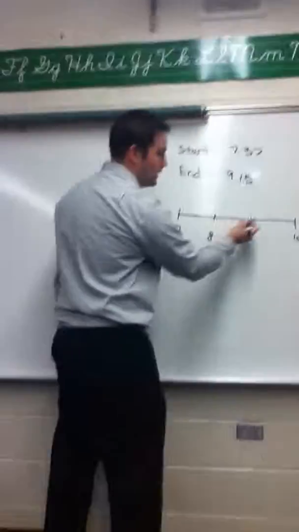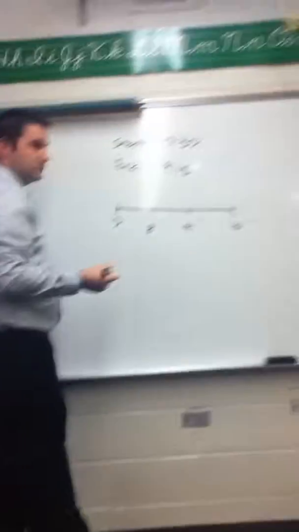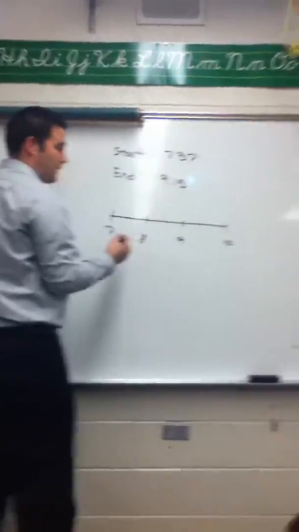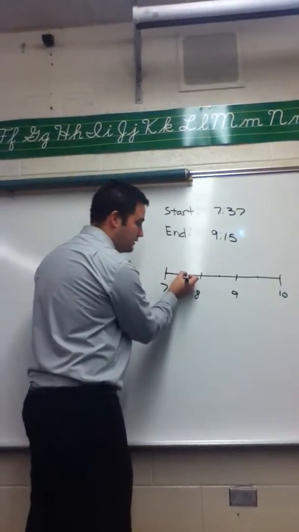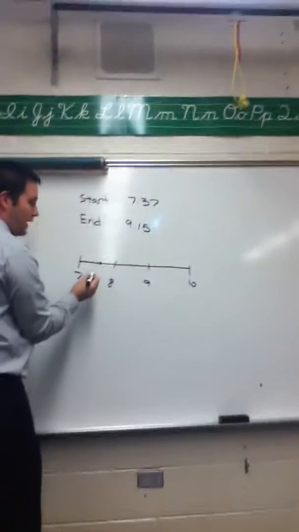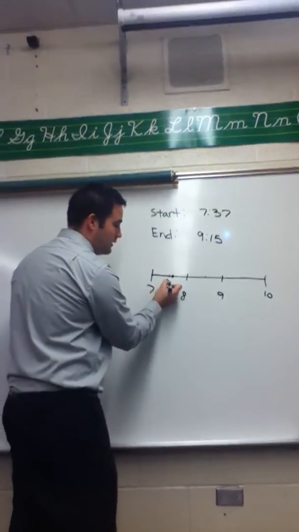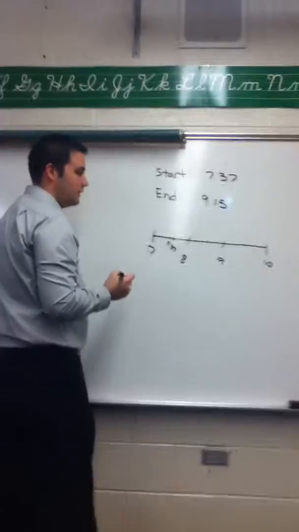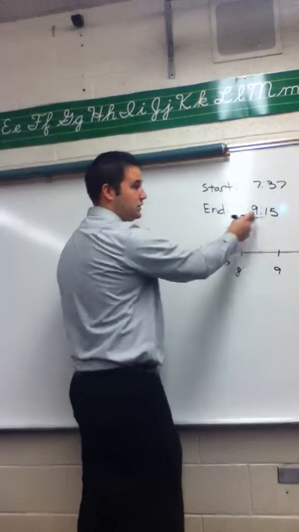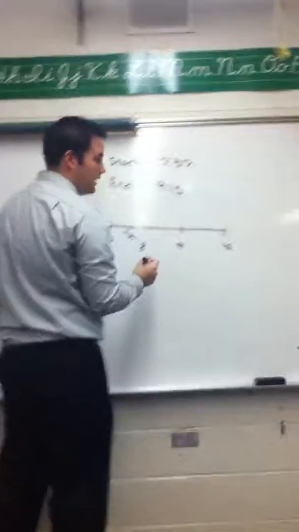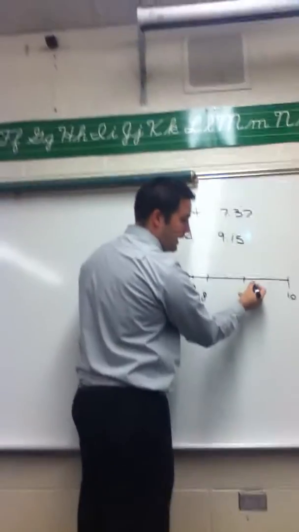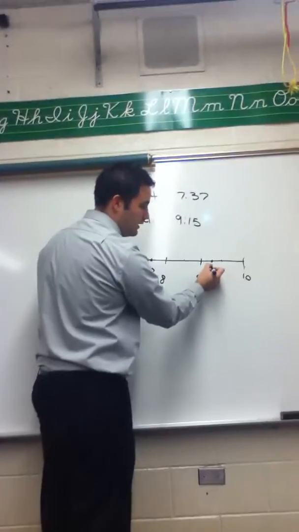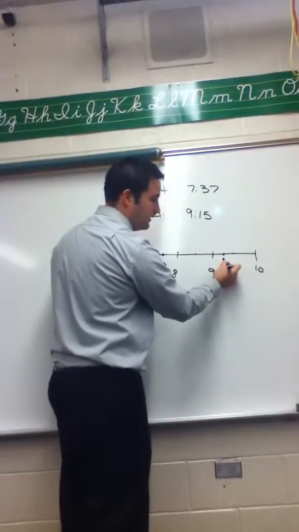So I also make little tick marks for the 30s. So 7:37 is going to be just a little bit past 7:30. So I'm going to make a dot right here, and I want to label it 7:37. Now I want to find my end time, which is of course 9:15. Well, it's not to 9:30 yet, so it's going to be halfway between 9 and 9:30. So right here, label it 9:15.